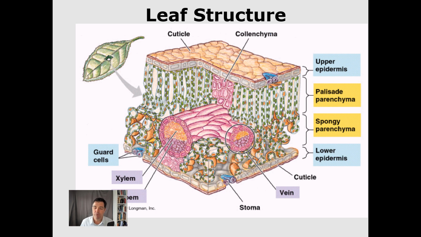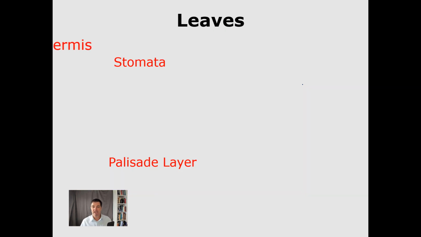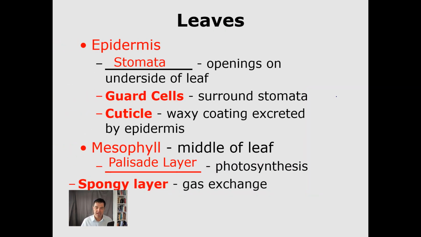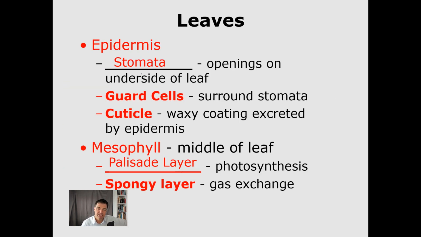Okay. When you talk about leaves next, which are also part of the shoot system, there's a top to the leaf and a bottom to the leaf, and then there are the middle layers of the leaf. First you have the epidermis on both the top and the bottom, and on the underside there are little holes called stomata.